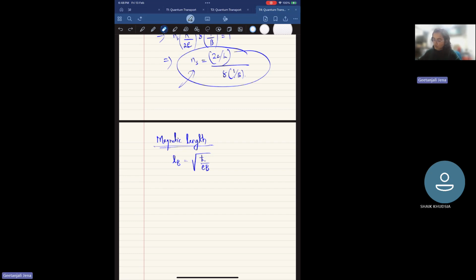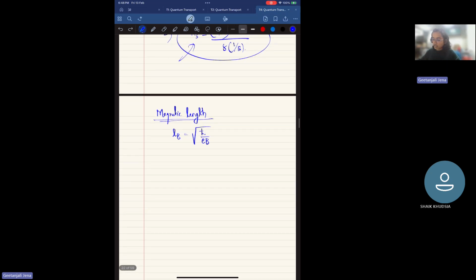So I think we are almost done with the concept. One thing we were left with is the edge states. We have bulk states as well as edge states. Edge states will occur in the plateau region and the bulk states will be seen in the SdH oscillation.